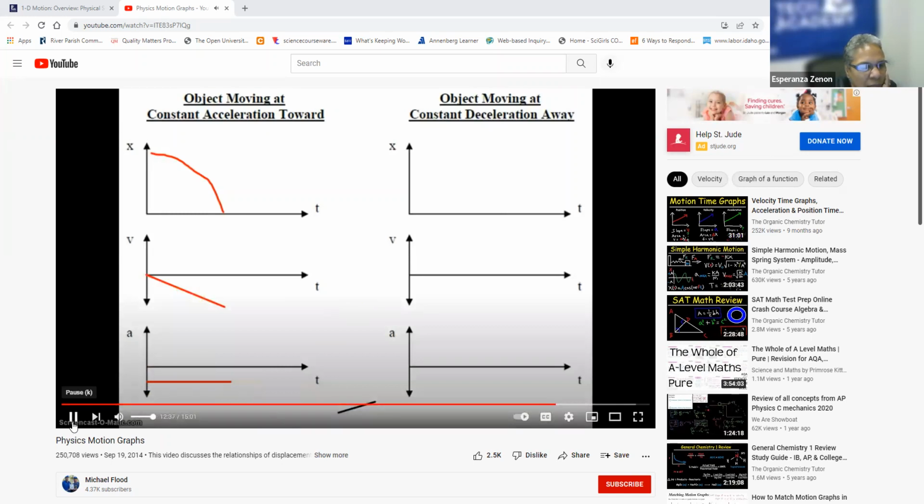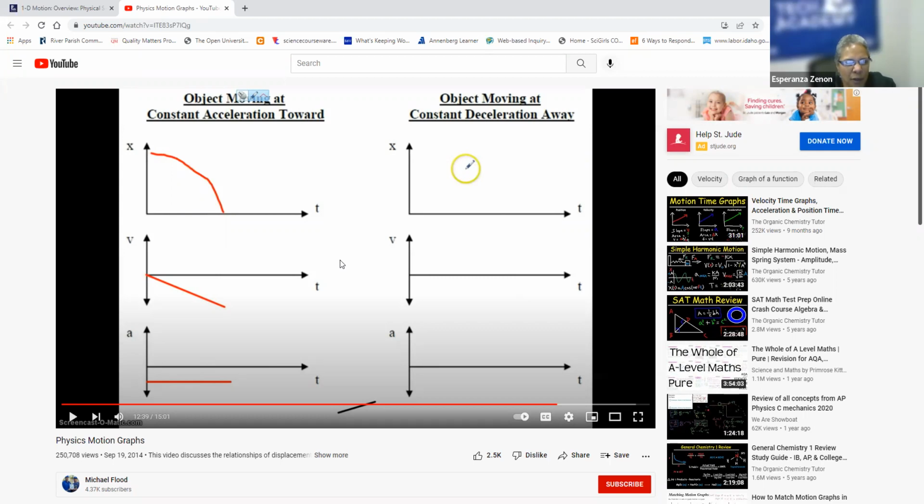Now shifting back to our next scenario. This is the last scenario you would have to deal with as far as the different types of graphs. We started off with our object at rest. Then our object moved with a constant velocity. And then finally, our object moved with a constant acceleration.